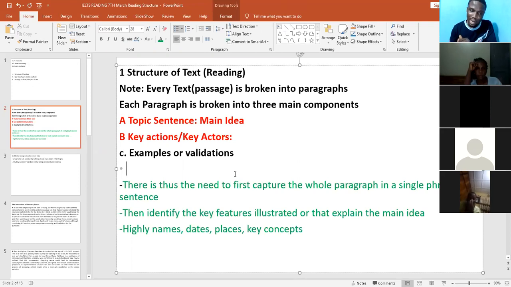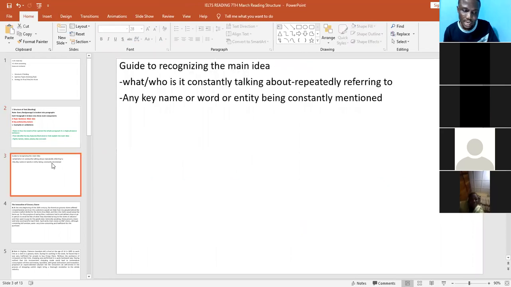It would not help you, and it will make things very, very hard, especially when you have a very complex reading passage.